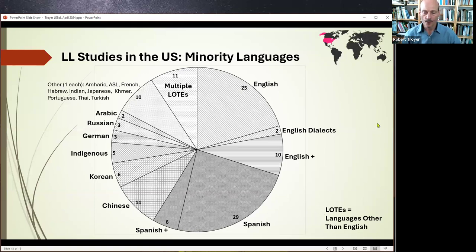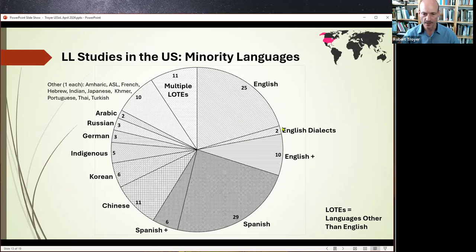So I was interested in looking at the languages that are addressed in all of these. It's actually about 123 articles that I reviewed for this overview, and I classified articles according to the prominent language that was being studied. You can see that in 25 of the articles, English was the primary language being studied in the landscape.